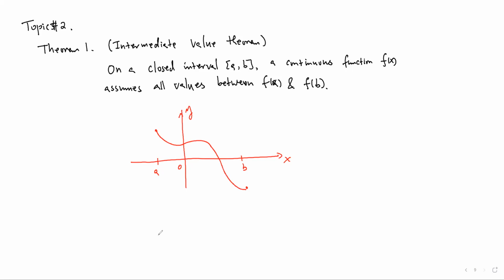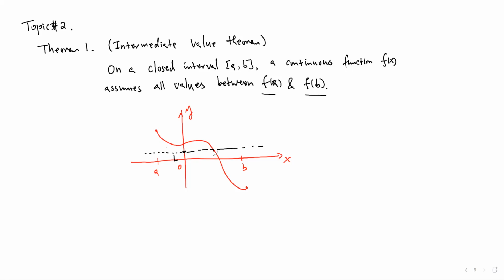Then for any number between these two function values, say arbitrarily pick a number L. If I draw a horizontal line through the number L, that horizontal line must intersect the graph of the function.